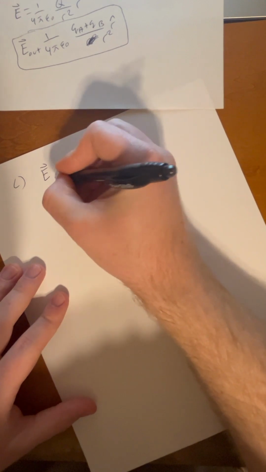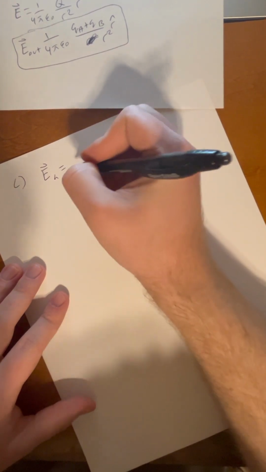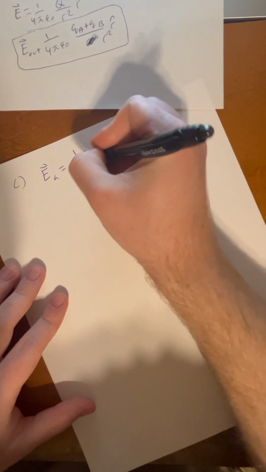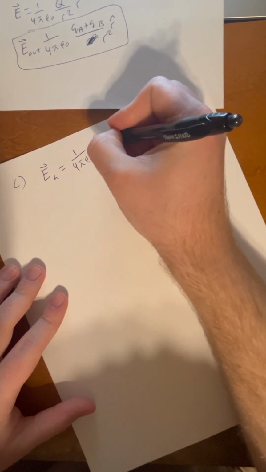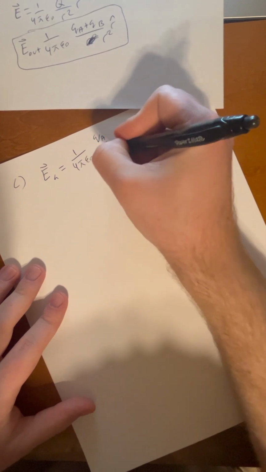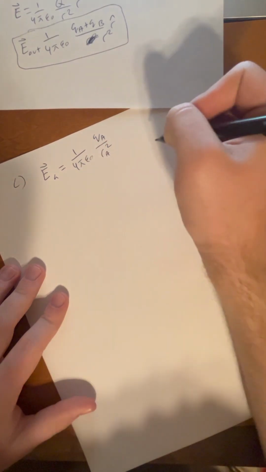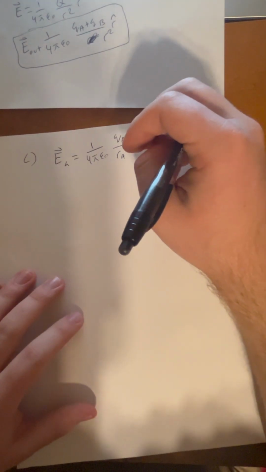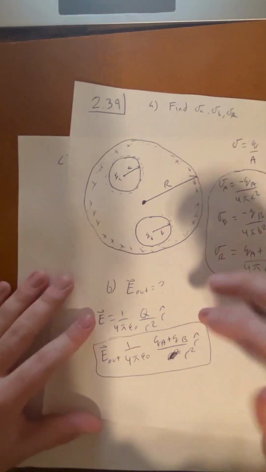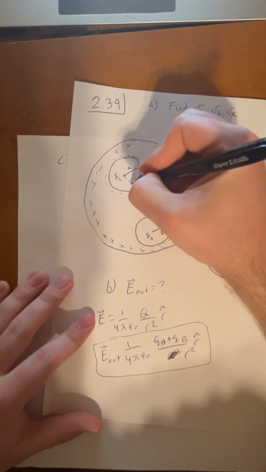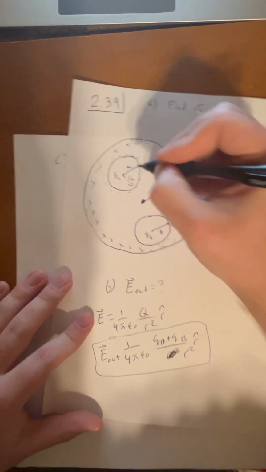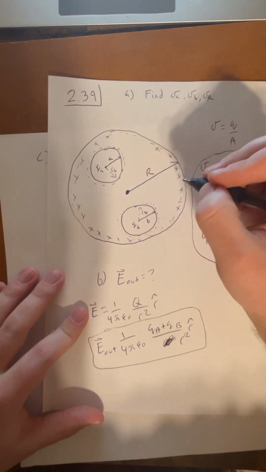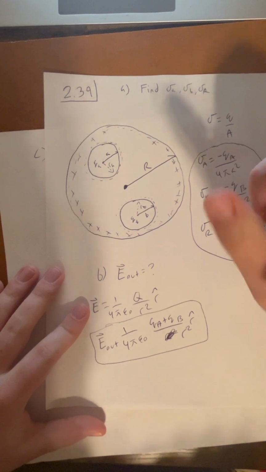So electric field A is equal to 1 over 4 pi epsilon naught QA over RA squared. And we're calling it RA because it's not equal to the radius, but we're calling the vector here, a vector inside the cavity going not quite to the outside, our RA, and we'll do a very similar thing for RB when we get to it. So it's coming from the center of the cavity.